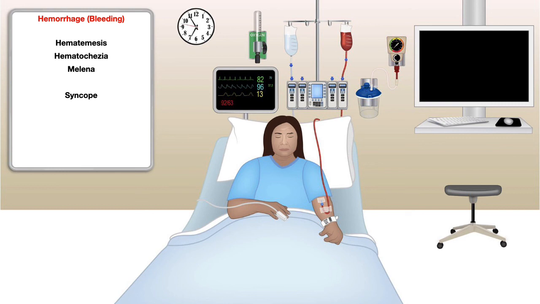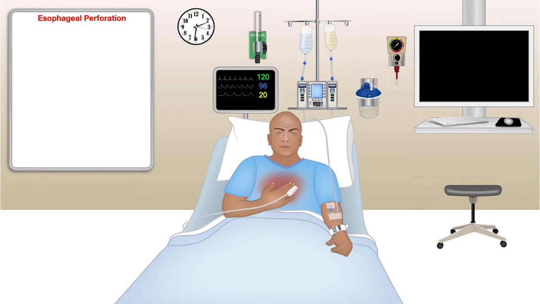When they come into the hospital, their hemoglobin may be low. How do we manage these patients? They can be managed by a combined team effort with the help of interventional radiology, surgery, as well as endoscopy.